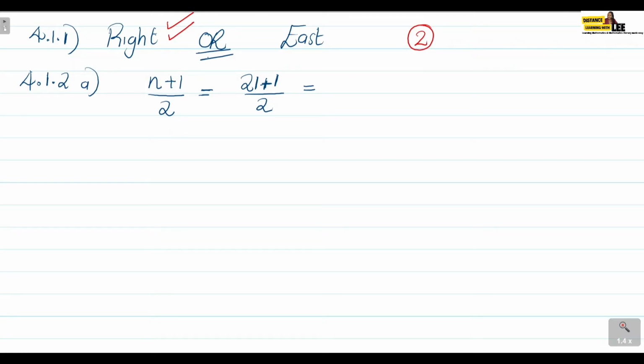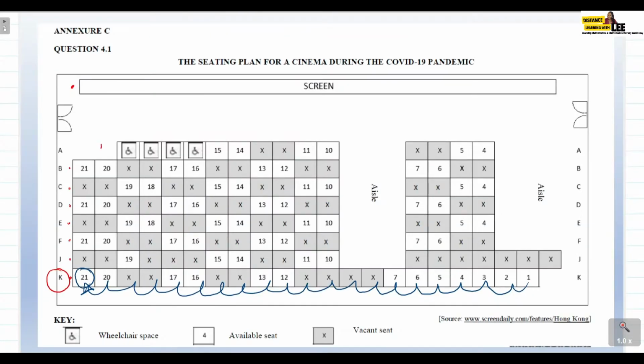This is the formula that you use. So 21 plus 1 gives us 22 over 2, which is 11. So we're going to look for the 11th seat in our 8th row from the screen, and that 11th seat, in row K9, is our middle seat.